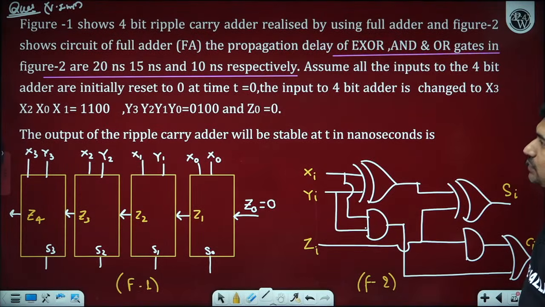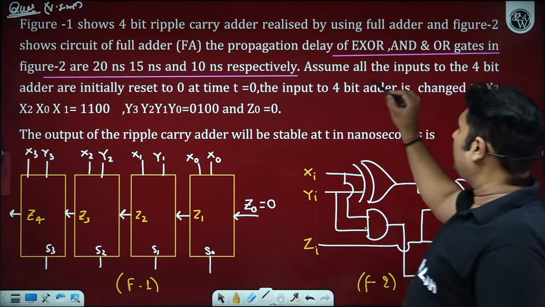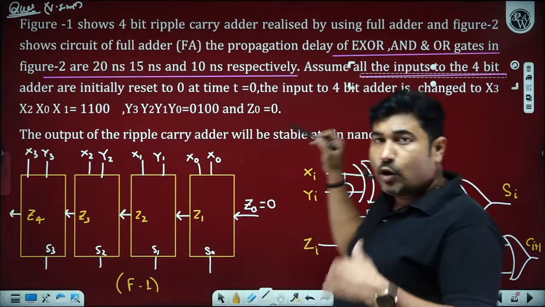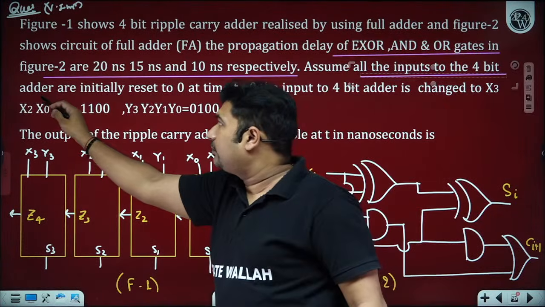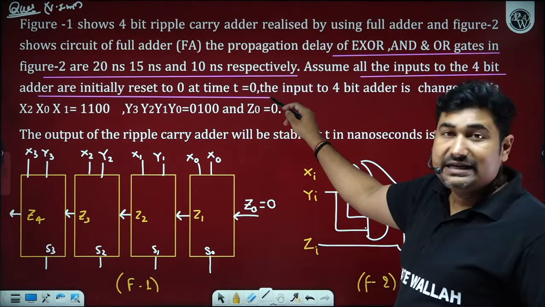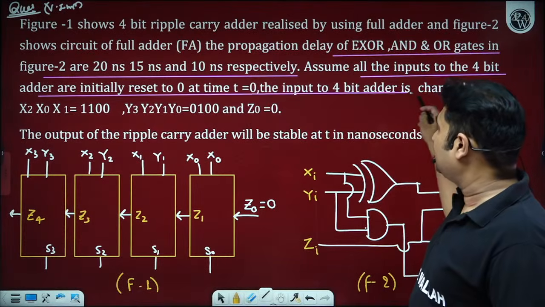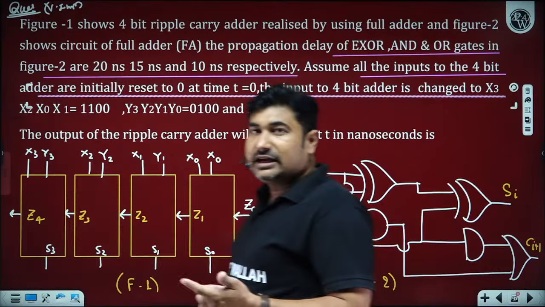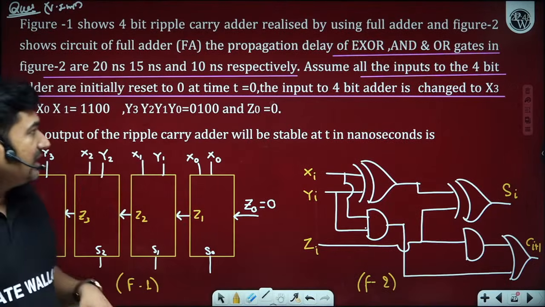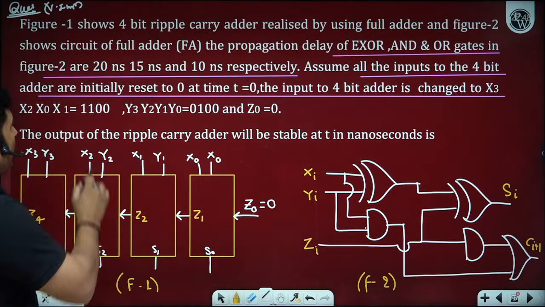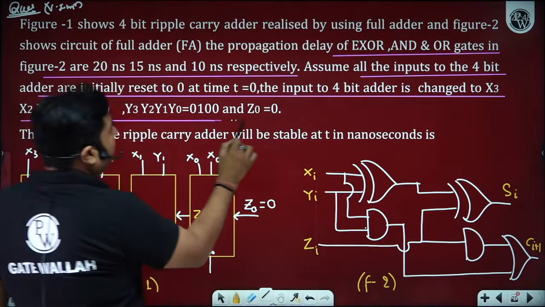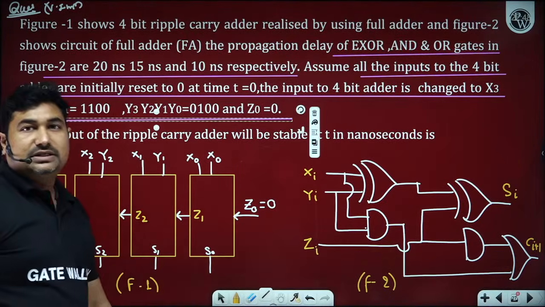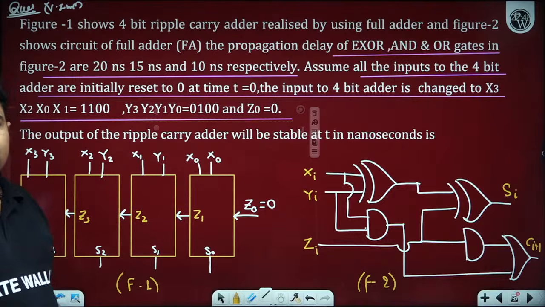Assume all the inputs of the 4-bit adder are initially reset to 0. Very important information. At t equals 0, the input to the 4-bit adder is changed: X3, X2, X1, X0 become 1, 1, 0, 0, and Y3, Y2, Y1, Y0 become 0, 1, 0, 0, with Z0 being 0.